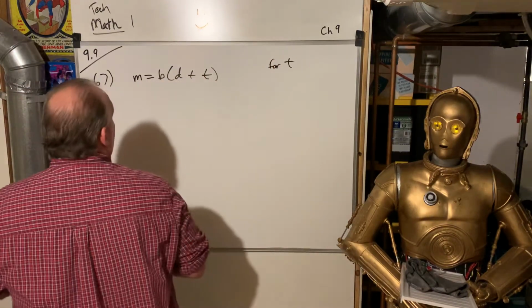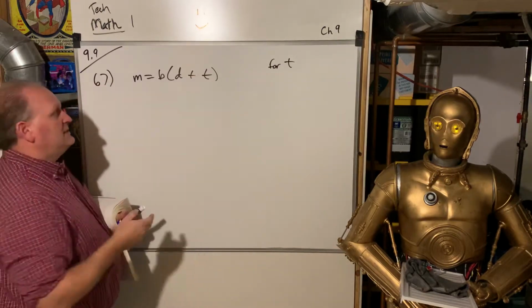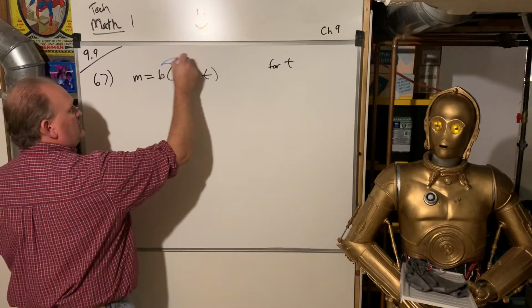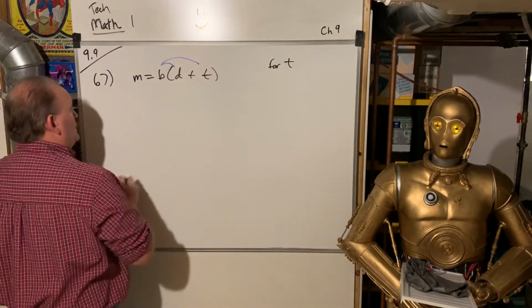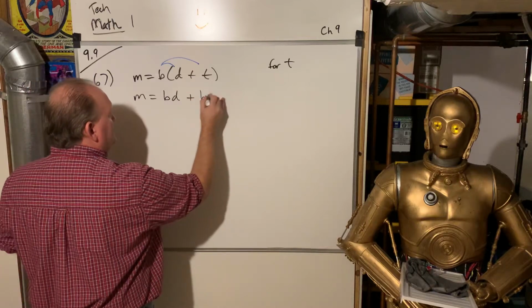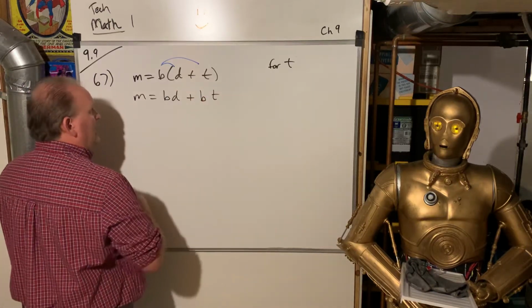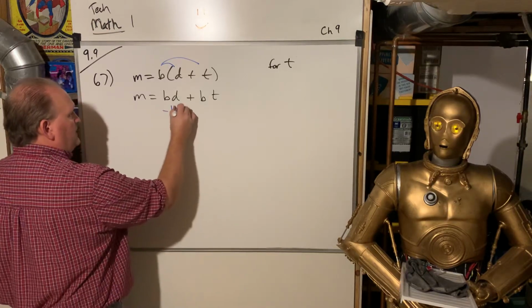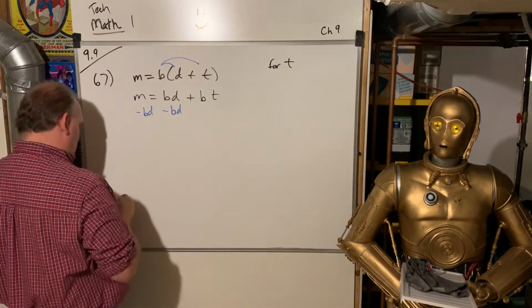All right, so there's two ways to attack this problem. I'll show you the first way. Distribute the b. So you got m is equal to bd plus bt. Then isolate the t, so subtract bd from both sides.